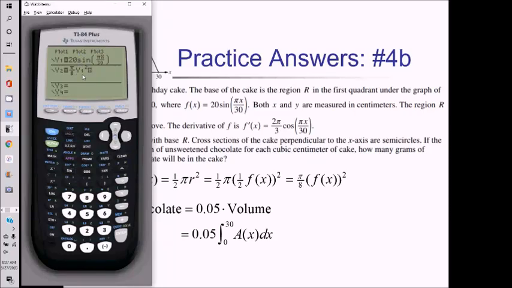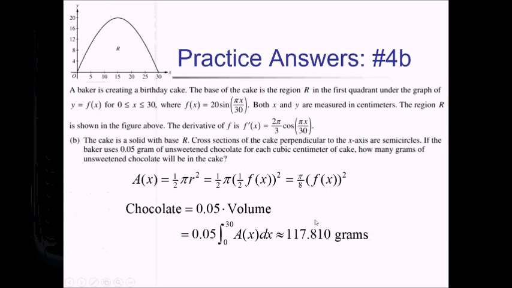And now let me quit out of there, and I'm doing 0.05 times the integral, so math 9, from 0 to 30 of, now I need the area function, which I entered as y2, so alpha trace y2, and we'll do a dx there. So this comes out to 117 point, let's see, I guess 810 if we round to 3 decimals, and that's going to be grams of chocolate.